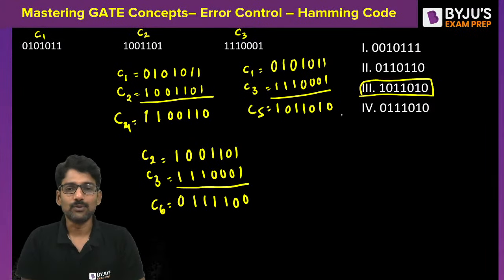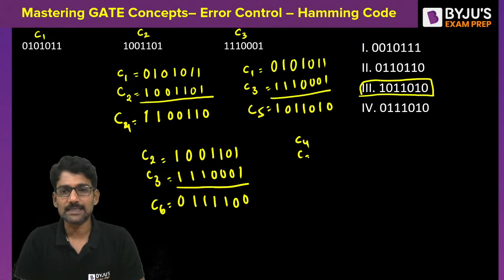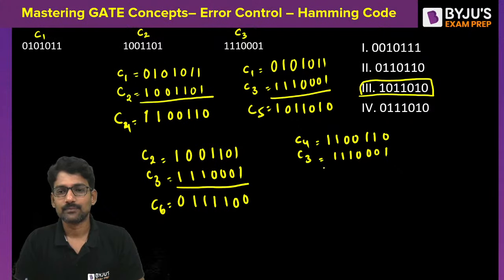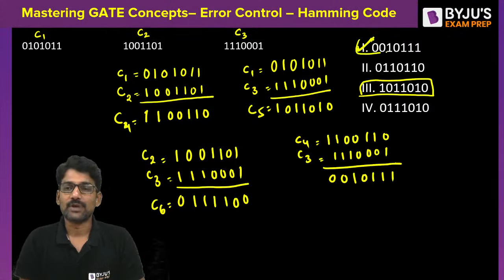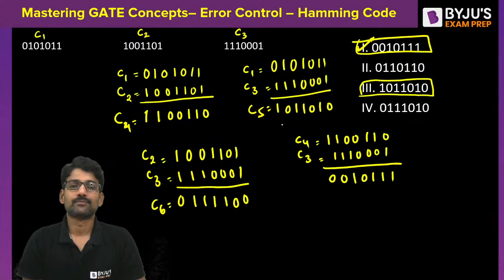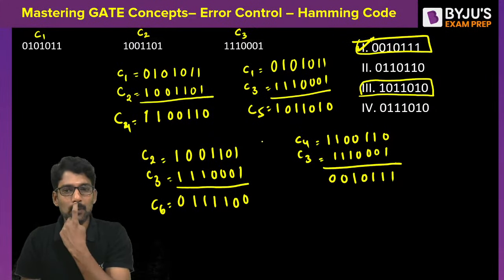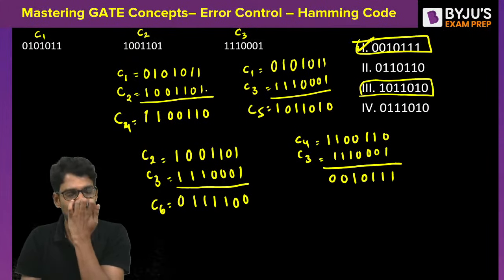Now let us do XOR between C4 and C3. C4 we got is 1 1 0 0 1 1 0. C3 is 1 1 1 0 0 0 1. So when you do XOR, it would be 0 0 1 0 1 1 1. Do you find this? Yep. So it is also a valid code word. Now do XOR between C5 and C2, because C5 is XOR of C1 and C3.